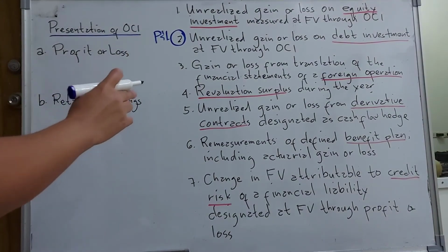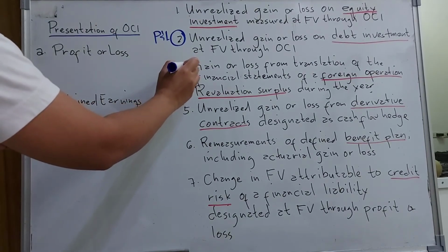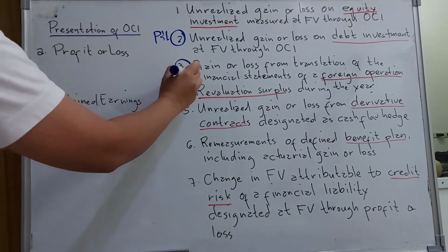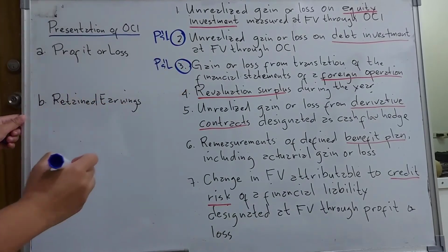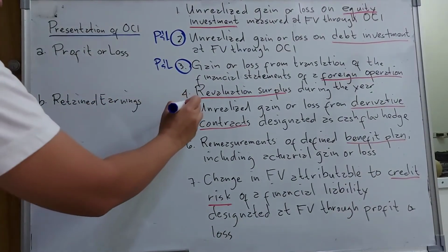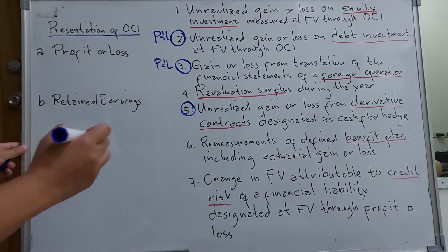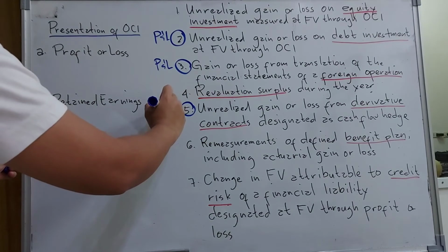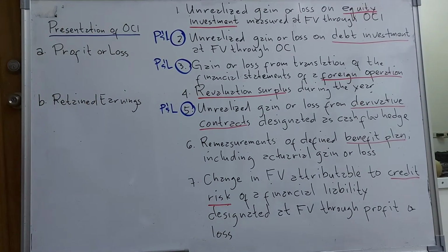Tapos, gain or loss from translation of the financial statements of a foreign operation, yung foreign currency. So, P&L siya. And yung pangatlo ay unrealized gain or loss from derivative contracts. So, ito ay P&L din. So, the rest, yung apat na natitira, ibig sabihin sila ay retained earnings.